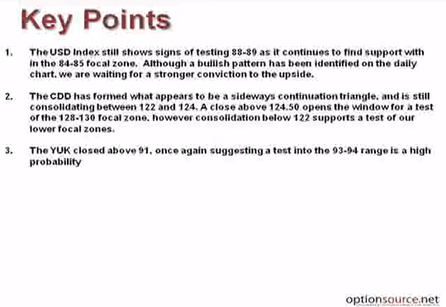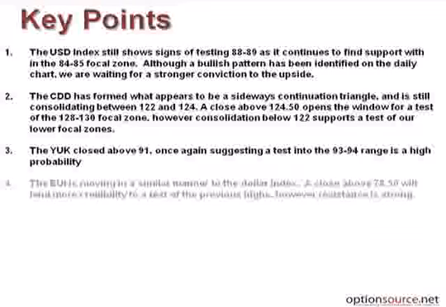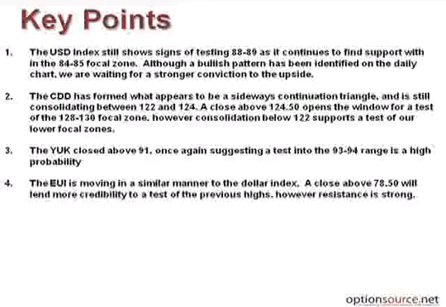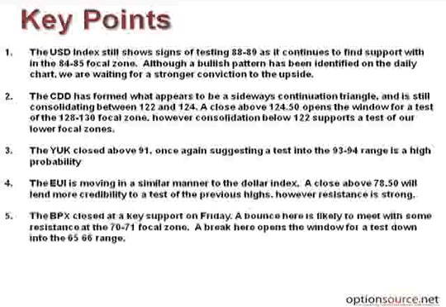The YUK closed above 91, once again suggesting a test into that 93-94 range is a high probability. The EUI is moving in a similar manner to the dollar index. A close above 78.50 will lend more credibility to a test of the previous highs. However, resistance is strong. The BPX closed at a key support on Friday. A bounce here is likely to meet with some resistance at the 70 to 71 focal zone.